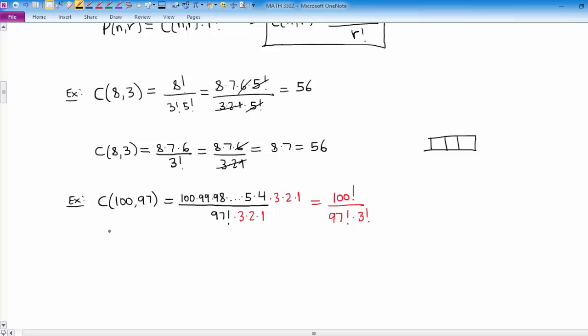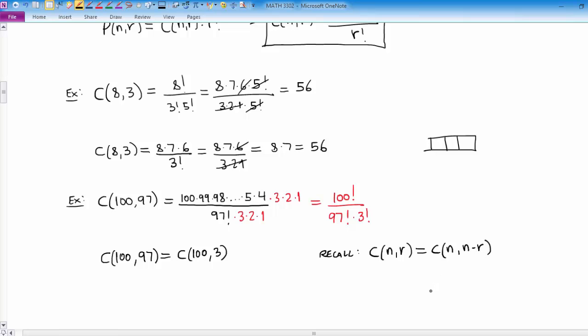Now, the number of combinations can also be found by using an interesting property. It's called the symmetry property. C(100, 97) is actually C(100, 3). So recall, C(n, r) is equal to C(n, n minus r).